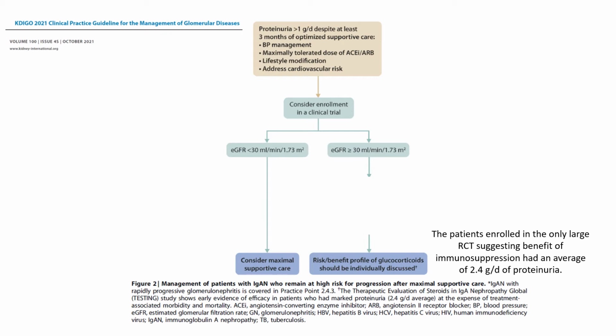Here is where the evidence came from. Usually the patients who respond to glucocorticoids are those who have average proteinuria of 2.4 gram per day.